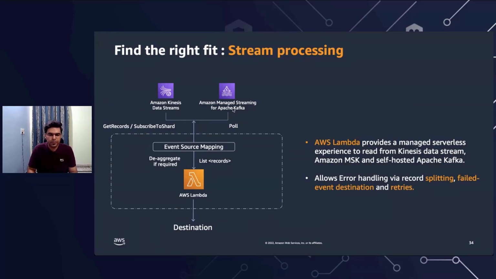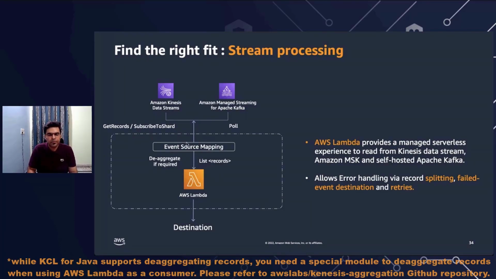onto your destination streams. But then these event source mappings constantly trigger a poll to the Kafka or a get records to the Kinesis data stream, generate some responses, and then send it to your Lambda code that you have generated as a list of records.